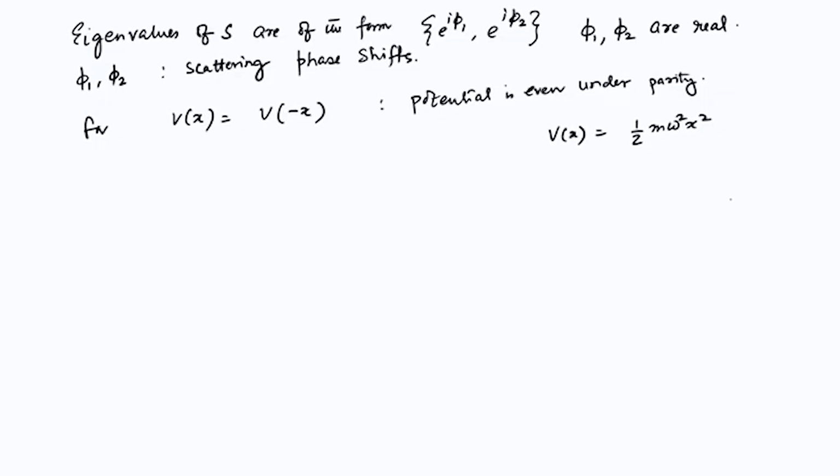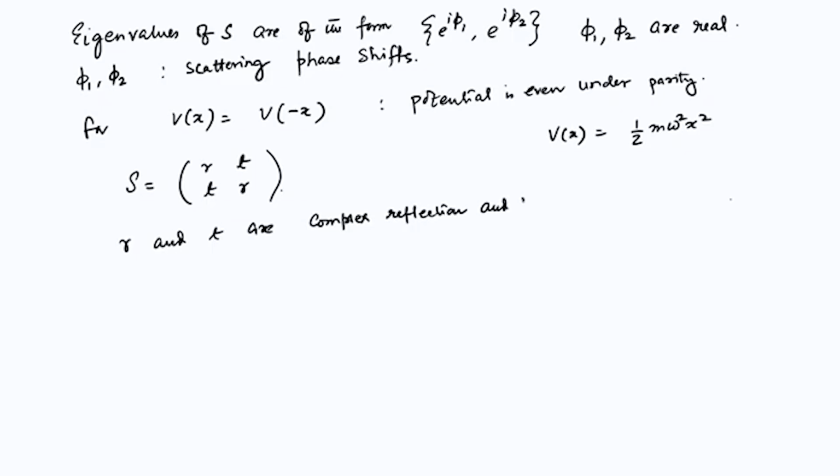Okay, now in this particular case, the S matrix takes the form R, T, T, R. We are talking about a single barrier. A barrier has, of course, two ends. So R and T are the complex reflection and transmission coefficients.